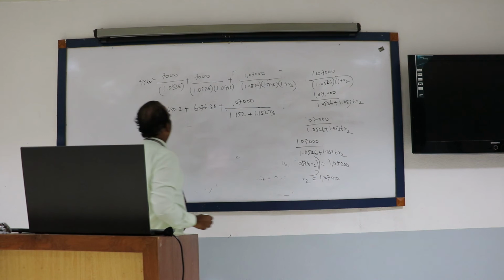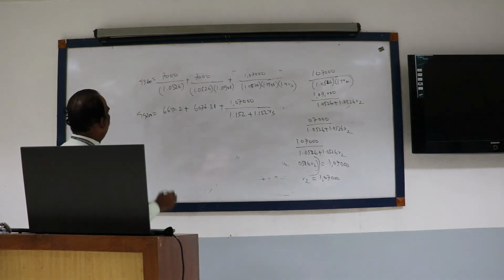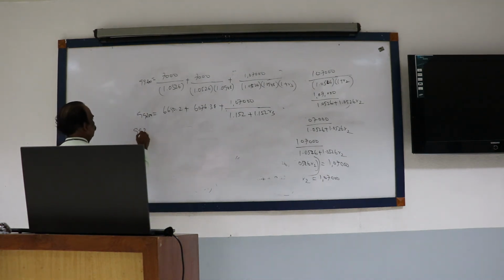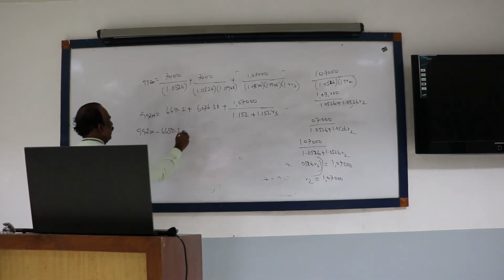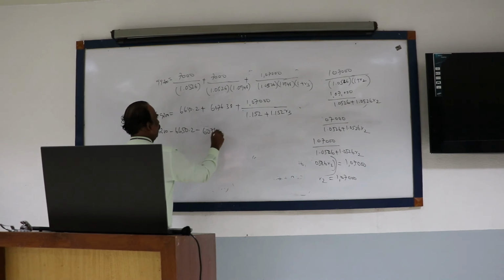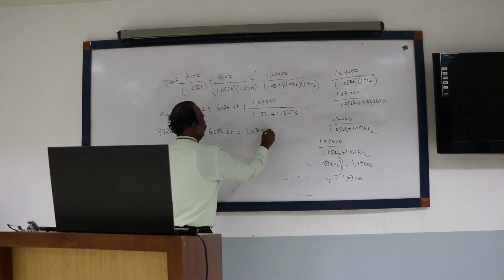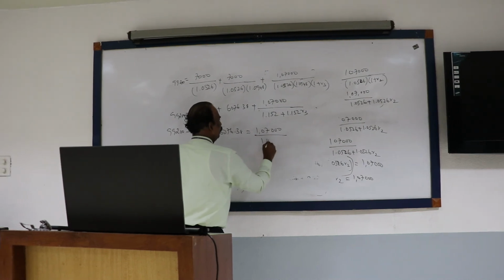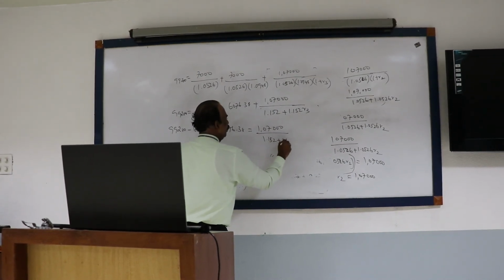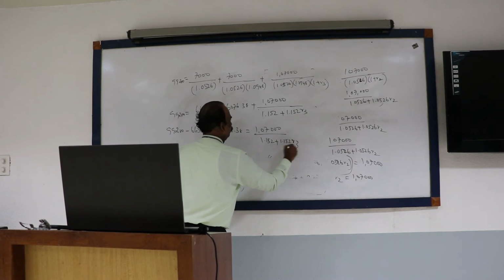Now you bring this one here: 99,200 minus 6,650.2 minus 6,076.38 is equal to 1,07,000 divided by 1.152 plus 1.152 R3.